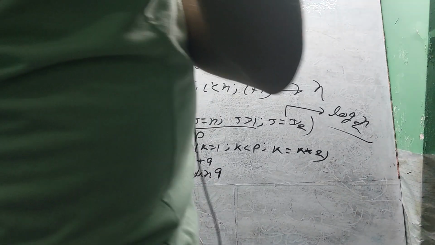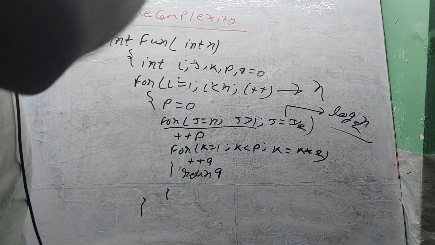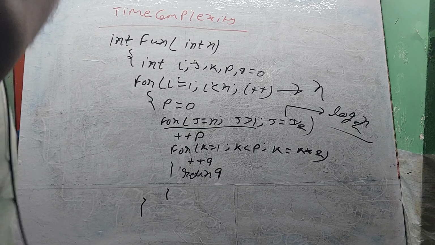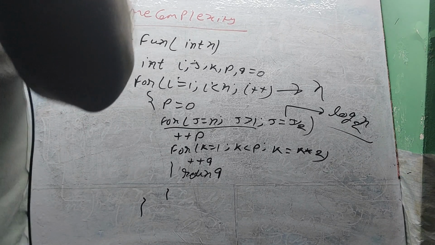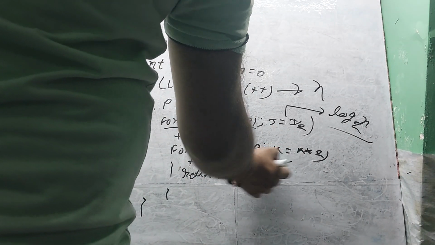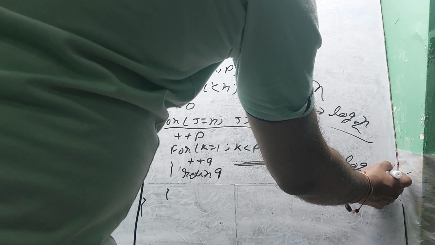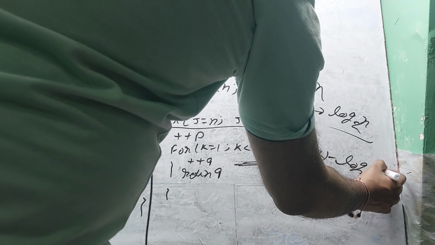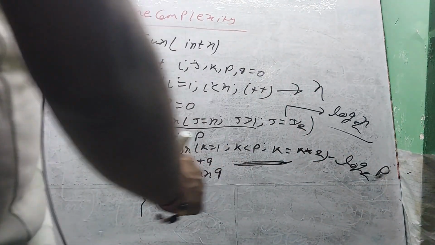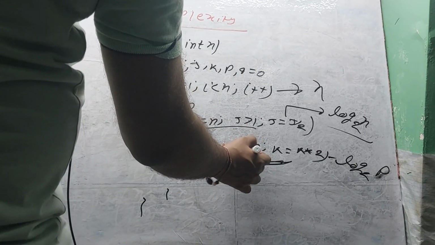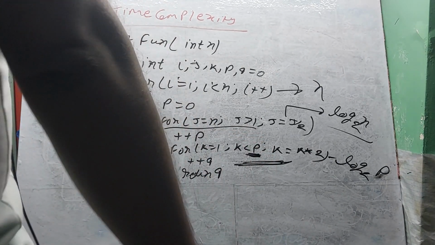This type we discussed in detail in a previous video. And now look, this will execute log p base 2 time, because here p is given.